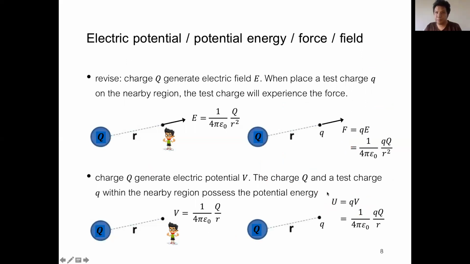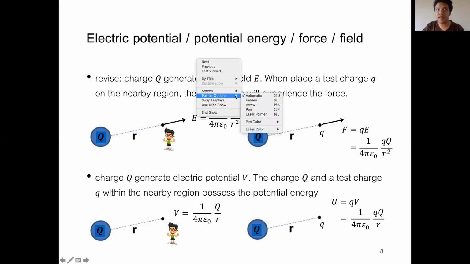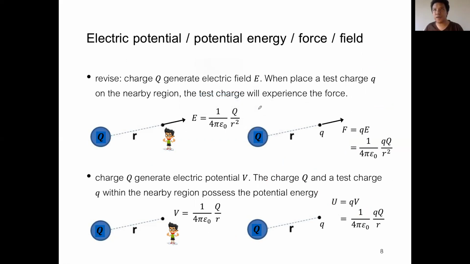Okay, then we now have the definition of the four quantities in electrostatics. Firstly, in the first lecture, we studied force and electric field, so F and E. And last week, we studied Gauss's law, so we studied more about the electric field.